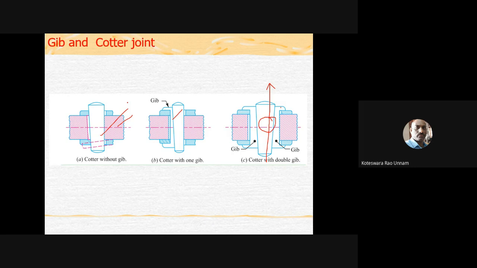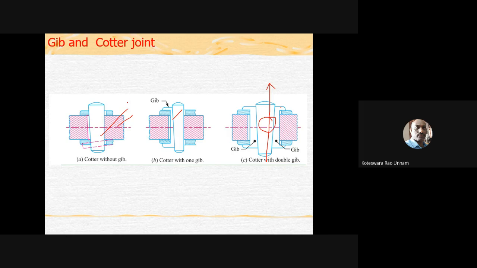That's why in the previous two joints we discussed, the sleeve and cotter joint and the socket and spigot joint, you have rods made of circular cross section only. That's why we are taking the dimensions as D, D1, and D2, since they have circular cross section.